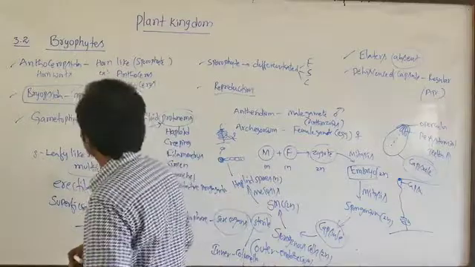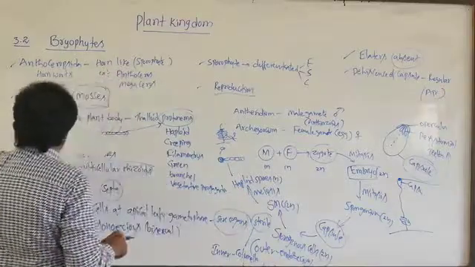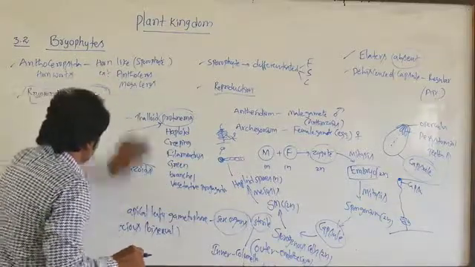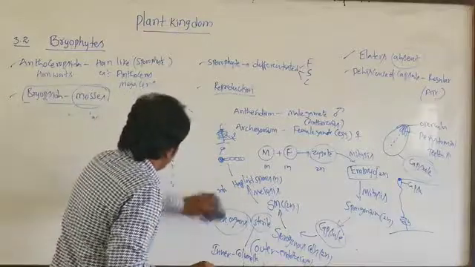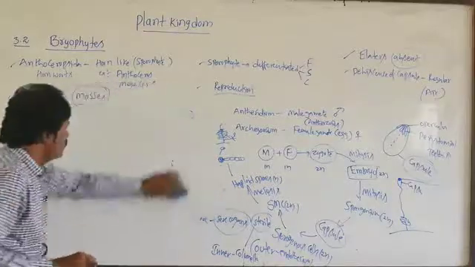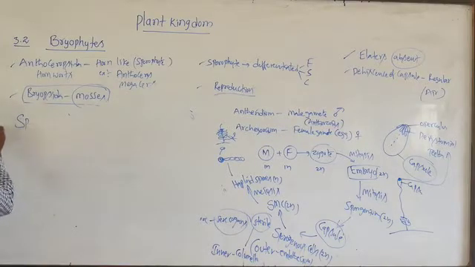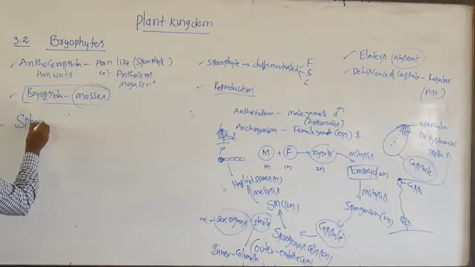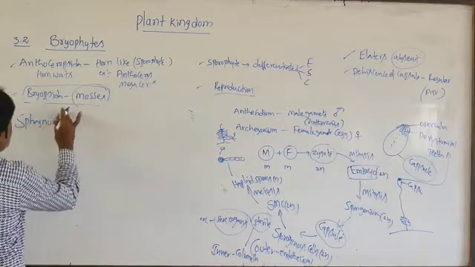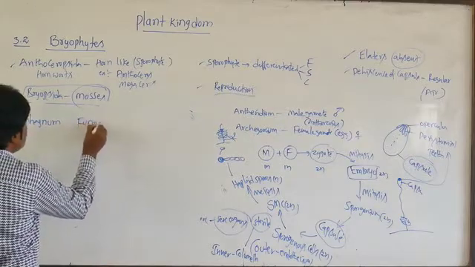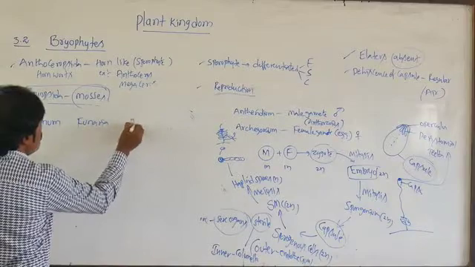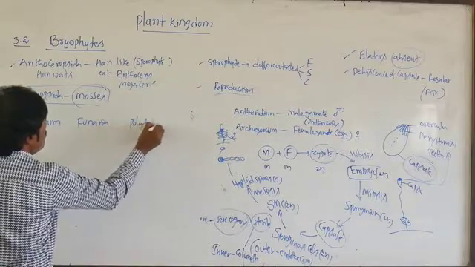But what are the examples? Examples of mosses are most important. The examples are Sphagnum, Funaria, then Polytrichum.